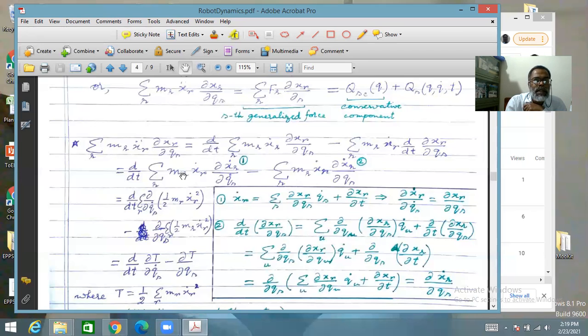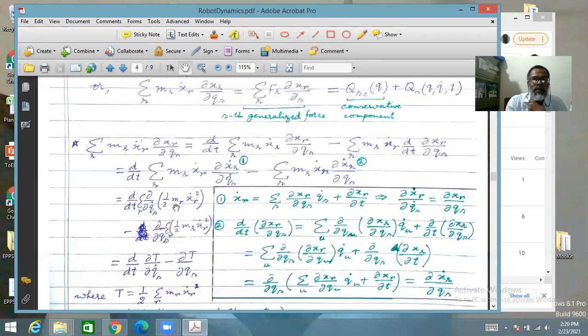Now we have got this. And now notice, at this stage, the differentiation will have no problem. First of all, this mr xr dot del xr dot by del qs dot. So what we have done here is that del by del qs dot we have taken outside, and inside we have put the integral of this.